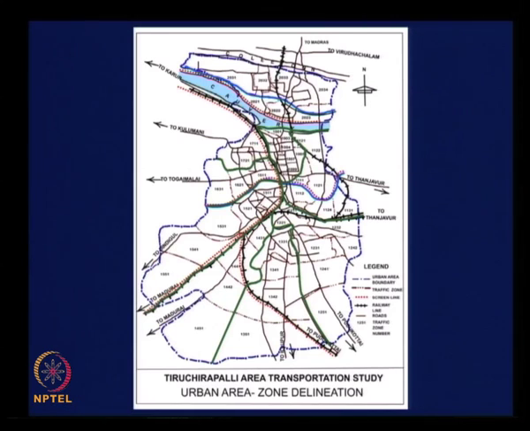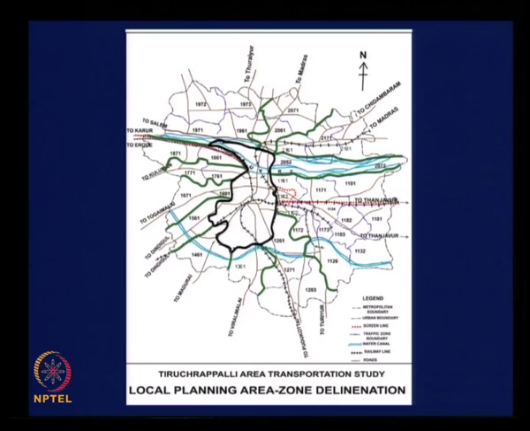and this boundary should extend over the peripheral area, because your external cordon line is beyond this urban area, this is only the urban area. When you extend this sectoral division to the rest of the planning area, the extension is like this. You see, this is the extension of this sector division, this is the urban area, you can just recognize from the shape.